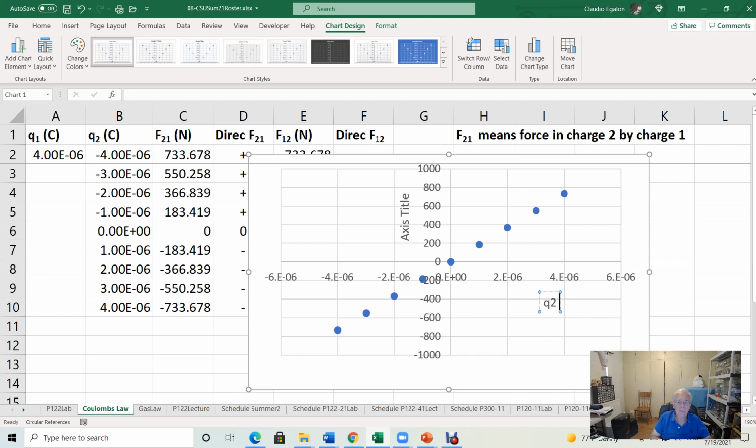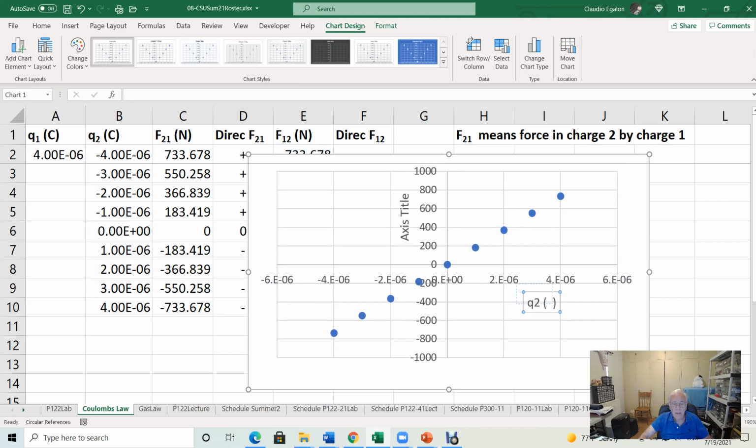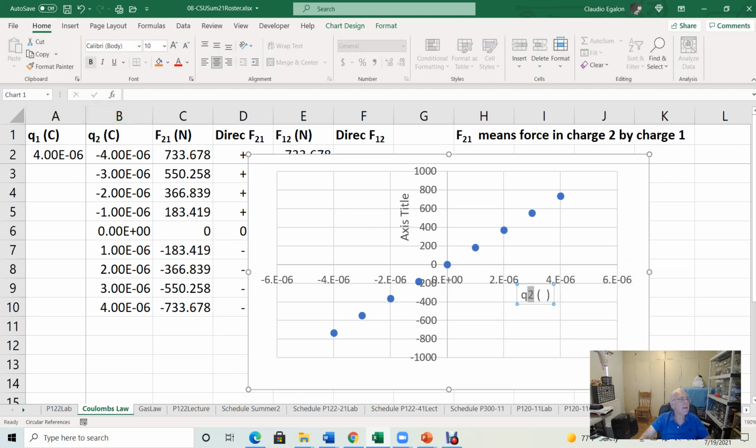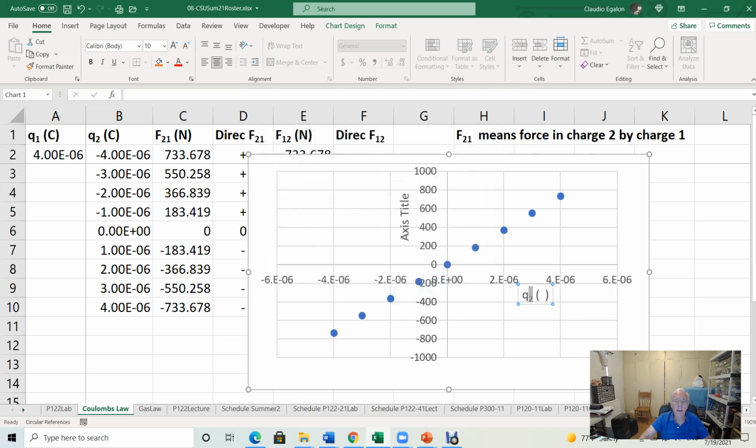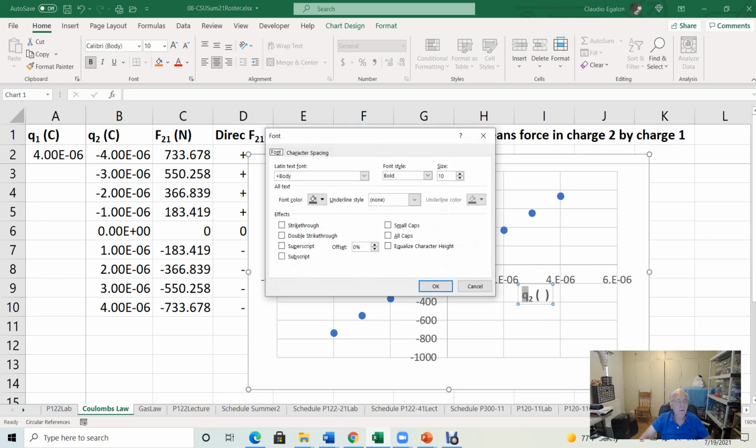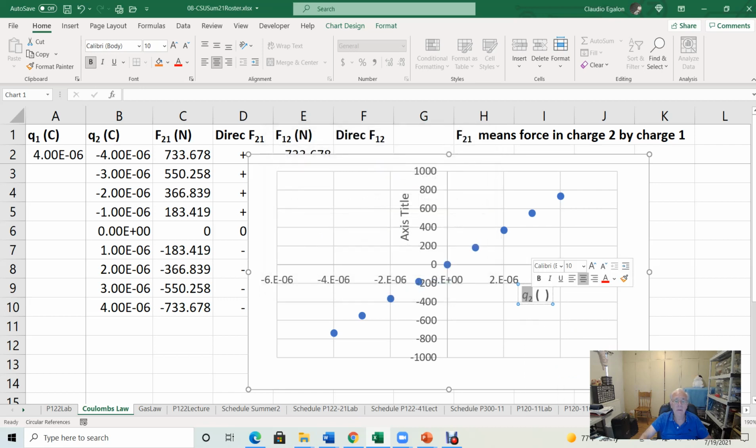Yeah, Q2, because that's the one that's varying, right? Put the unit of Q2 there. Don't forget to put the subscript. Take your time to do that when you do it at home. You're doing that in groups, so you can divide the tasks among yourselves. Make sure it looks nice. The font, I'm going to italicize my font. Yeah, I did italicize, good.